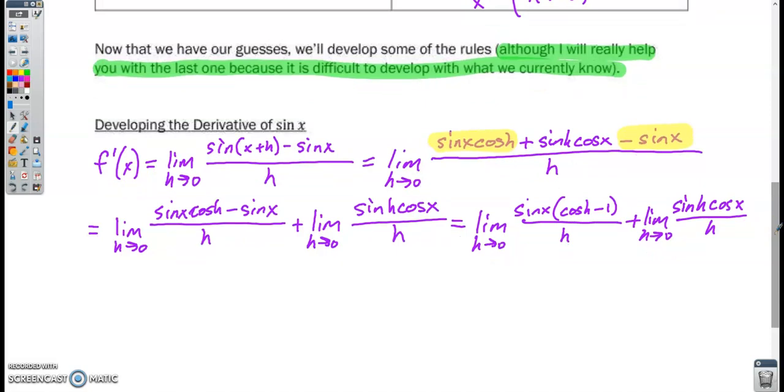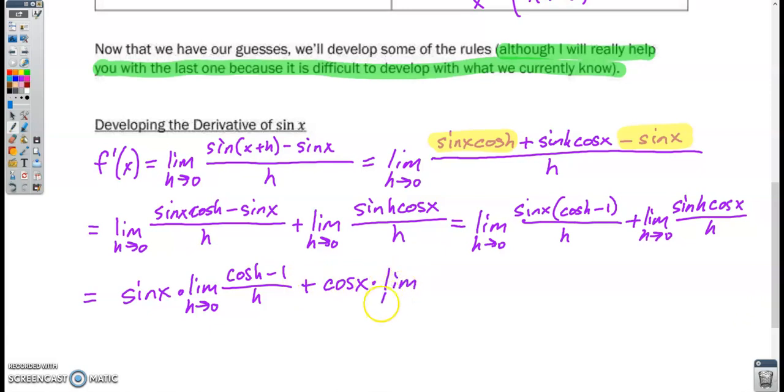And so I can factor the constants out of the limits using our constant multiple rule for limits. So I can factor the sine of x out in front of this first limit, and I can factor the cosine of x out in front of the second.